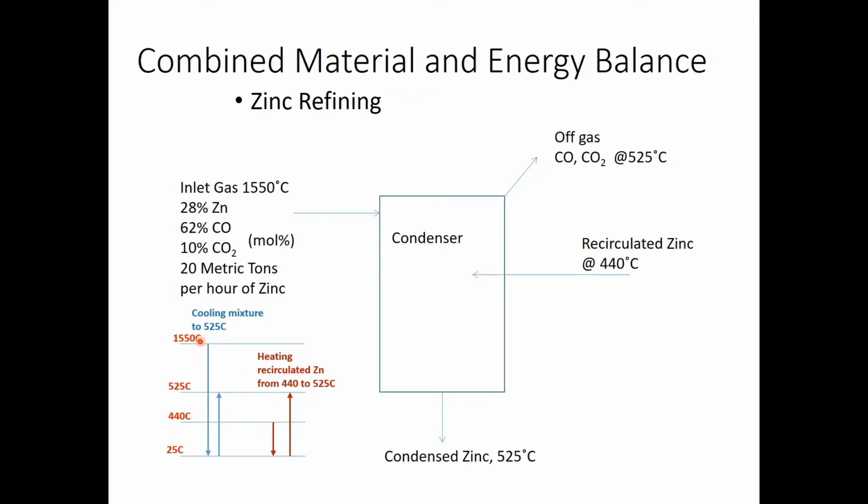So we first have to cool it to room temperature and raise it back up to 525 C. The recirculated zinc, we know it's coming in at 440 C, and we know it's going to go back up to 525 because it's going to come back out with this condensed zinc. So first we have to drop it to 25 and then raise it to 525 C. And we just have to figure out how much of this recirculated zinc we have to put back into the stream to make this process work.